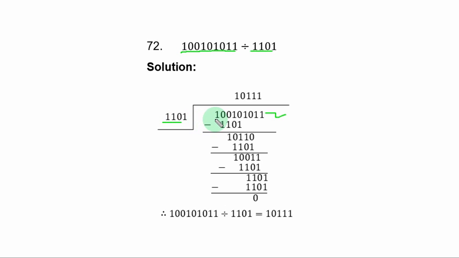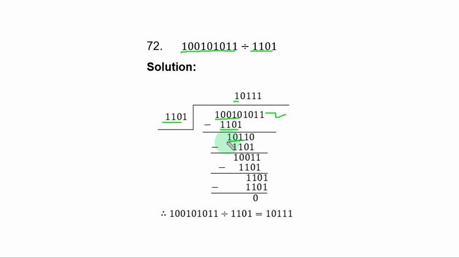You can divide 1 0 0 1 0 first. When you divide, you have this 1 here. When you multiply, you have this result, and when you subtract, you have this.